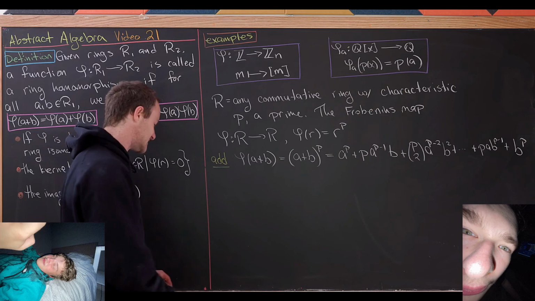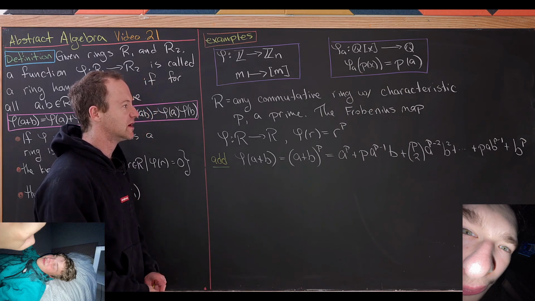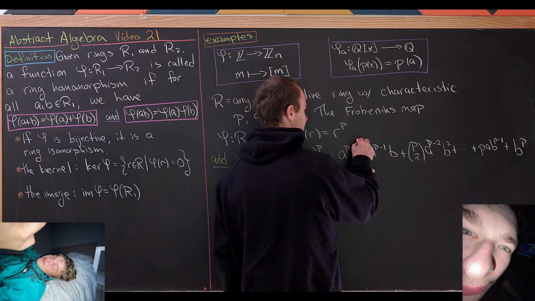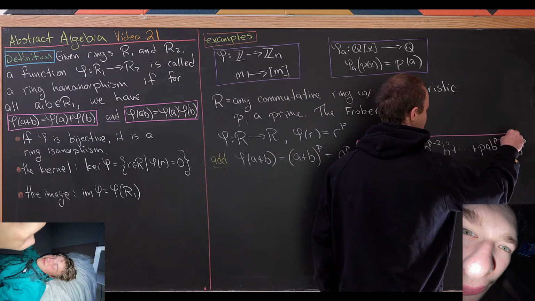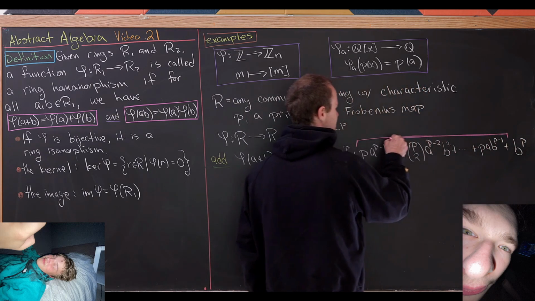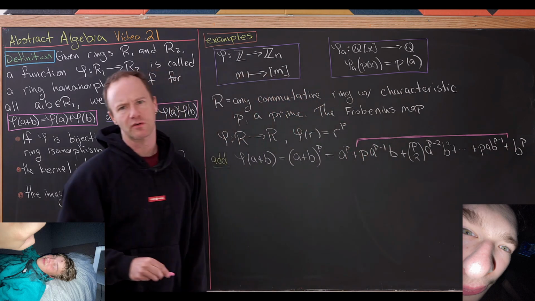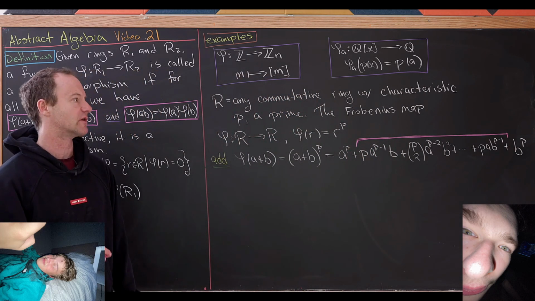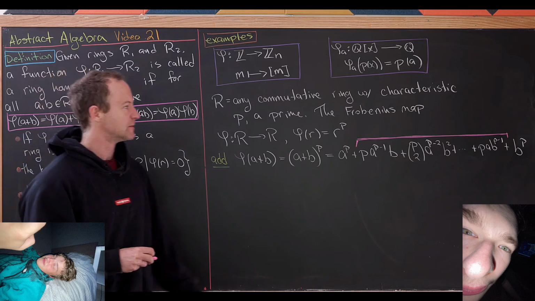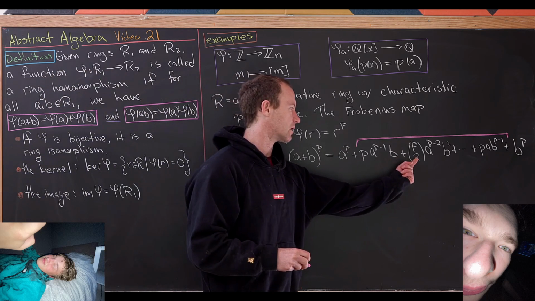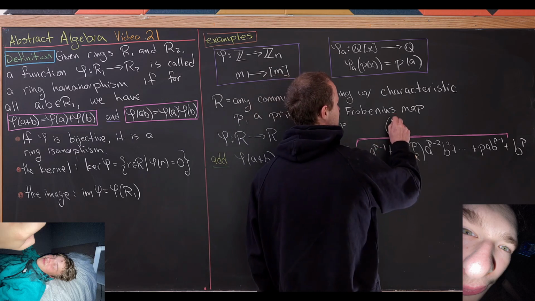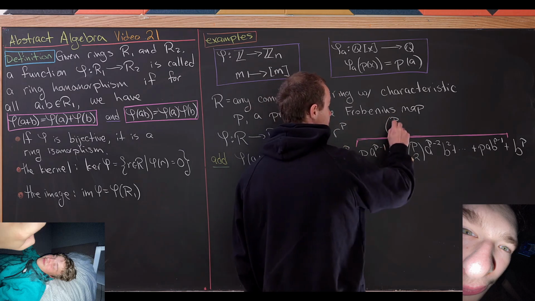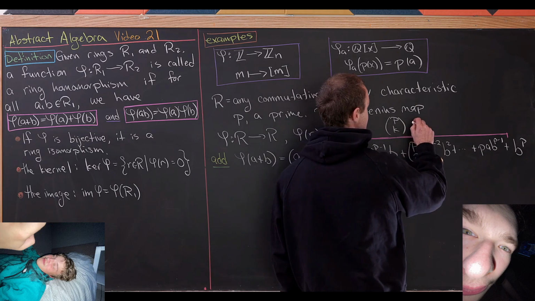This might seem a little scary at the moment, but notice that everything in here is a multiple of p. We won't check that, but you can check that. That's kind of a well-known result, usually done in an intro to proofs class, so that's generally a prerequisite for this type of class. But all of these are multiples of p. So I could maybe put this as p choose k is a multiple of p.